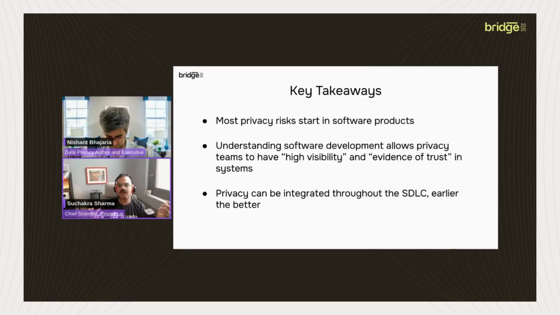And that's why it's important for privacy professionals to also understand how the whole cycle of software development works. In the last session, we had this nice quote: trust doesn't happen by accident. And that is very true here. Trust doesn't happen by accident. You have to actually prove it. You have to give evidence of how, and at what point inside the software, this trust is getting broken.